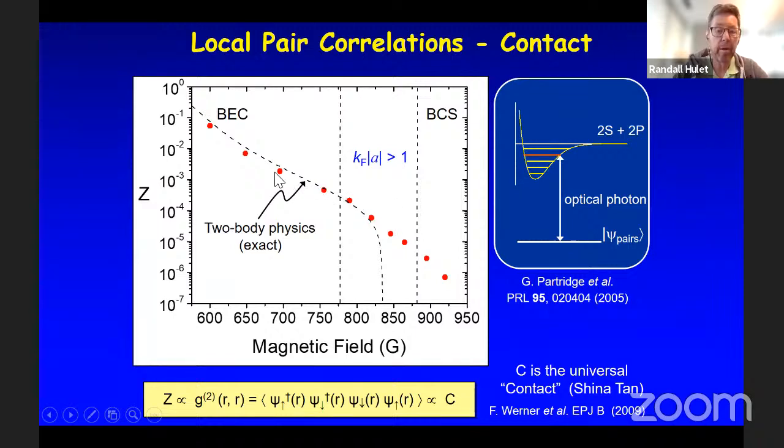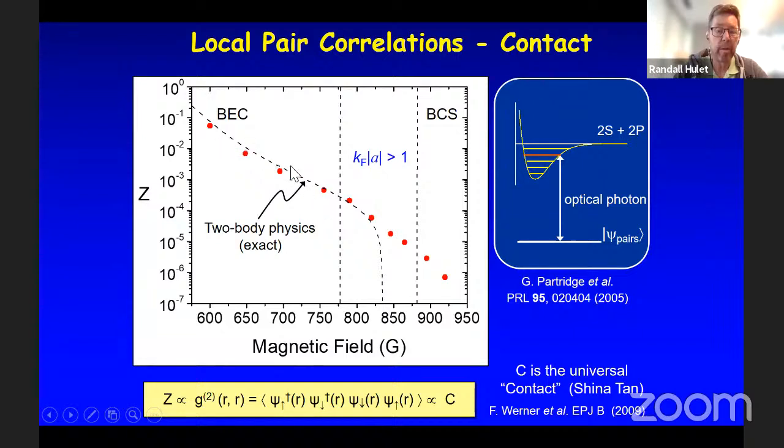And below here, the scattering length is getting smaller and smaller, but remaining positive, and going the other direction, it's getting smaller and smaller, but being negative. So this is the BCS regime, where we have small attractive interaction. This is the BEC regime, where the molecules are weakly interacting, but tightly bound by this bound state in the Feshbach resonance.